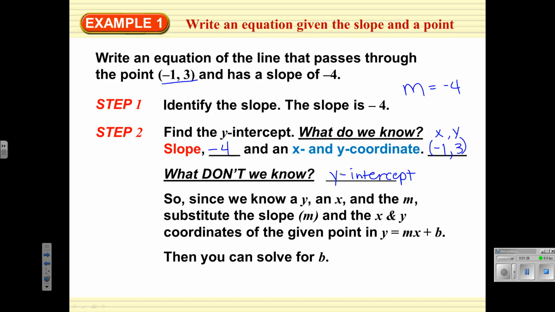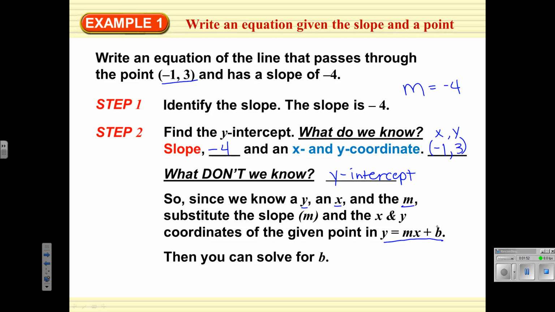Since we know a y value and an x value and the m of the line, we're going to substitute the slope and the x and y coordinates of the given point into the slope-intercept form, and then we're going to solve for b.